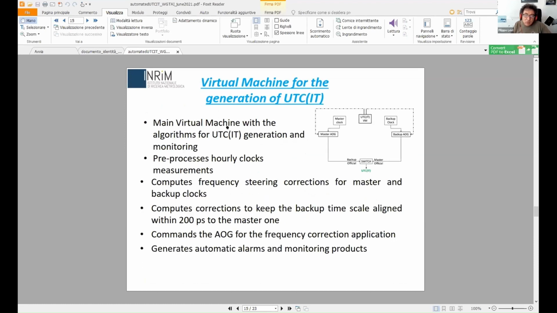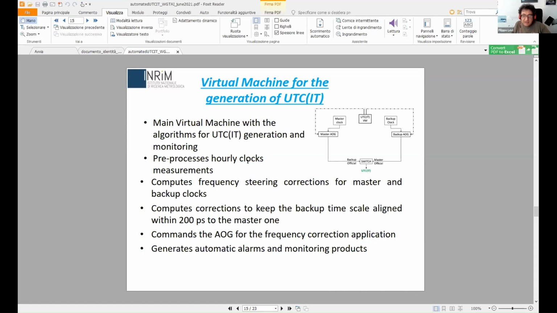So how does this system work? The generation of UTC ET is, as I said, based on a virtual machine architecture. The virtual machine makes a pre-process of all the hourly clock data that are taken in the lab.